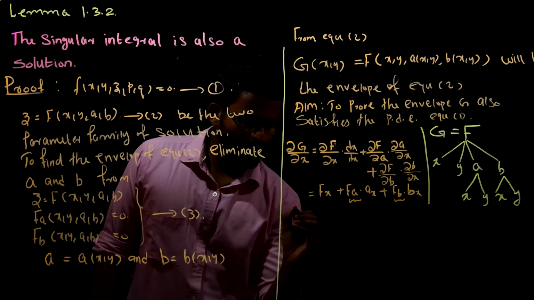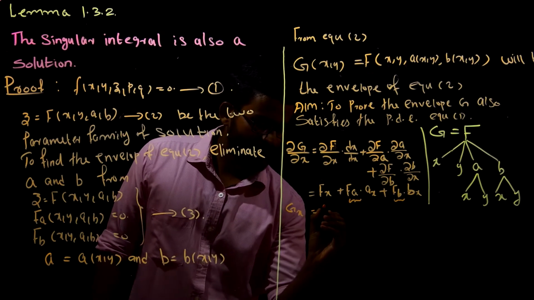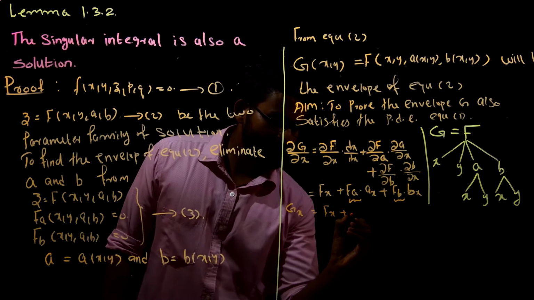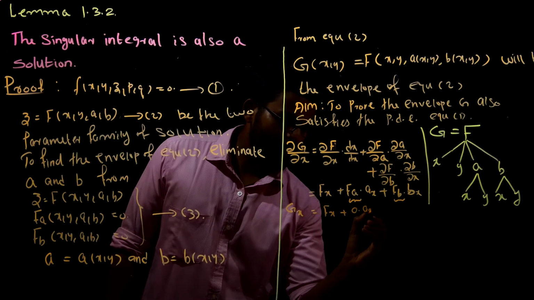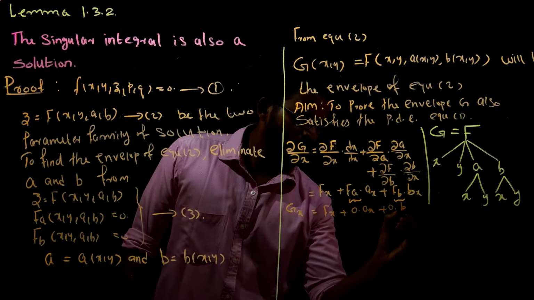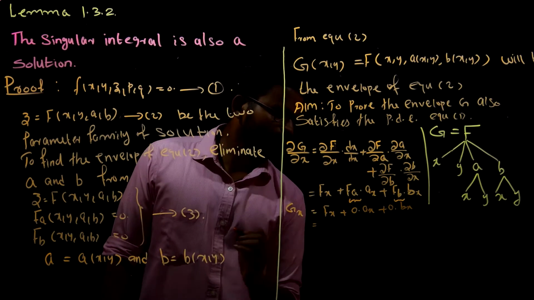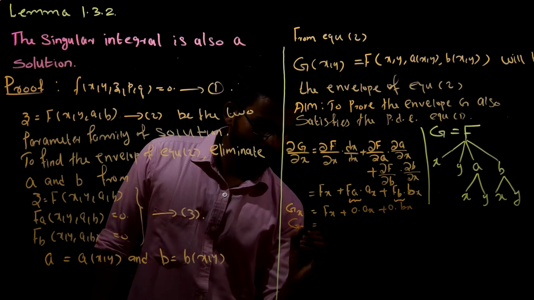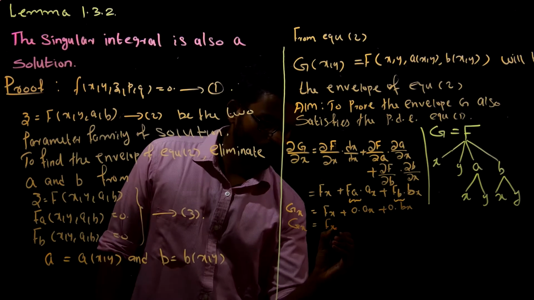So dou G by dou x, Gx is equal to Fx plus 0 into ax plus 0 into bx, that is, Gx is equal to Fx.